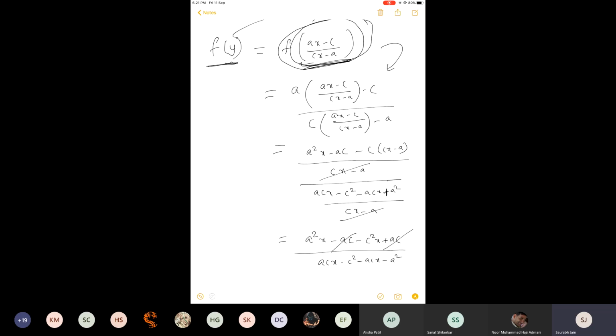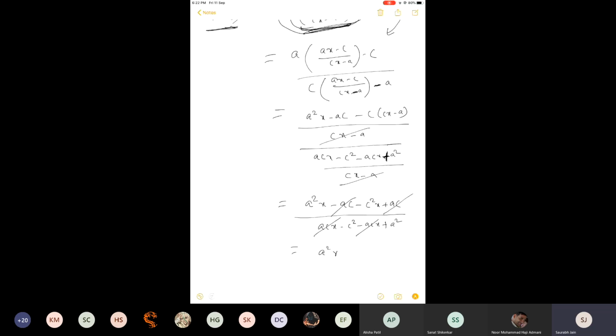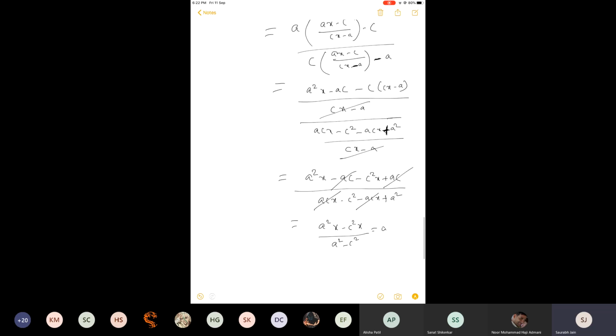This thing, it will be plus a square. Why? Because minus a into minus a will be plus. So this is plus, okay. And in the denominator, this is getting cancelled. Now in the numerator we have a square x minus c square x. In the denominator we have a square minus c square. So x will be the answer because this will be cancelled. X is the answer.